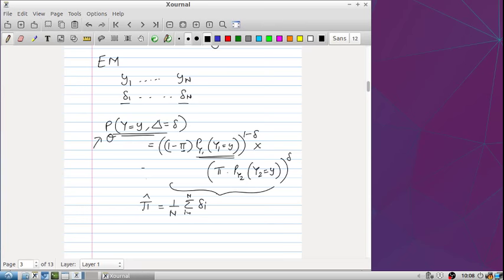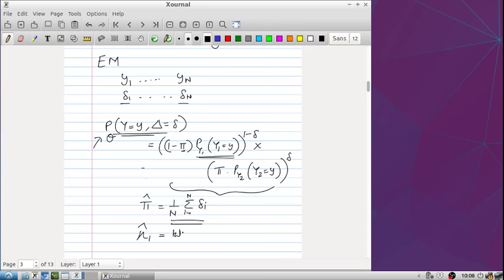For example, let's say the first coordinate of theta is pi, and pi would be a simple function of the observations. Similarly, mu1 hat would be: essentially pick the data which corresponds to tails. There will be some yi's which correspond to tails. Take the average.